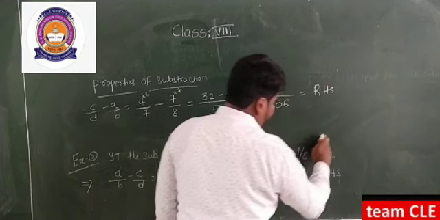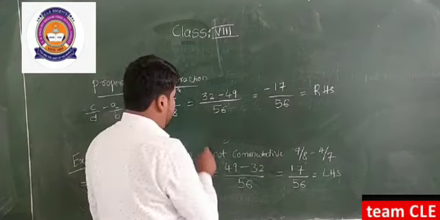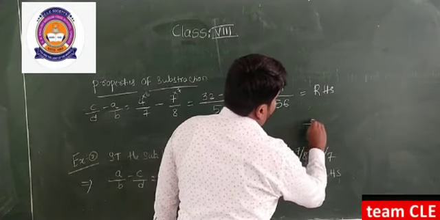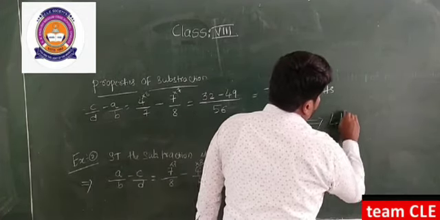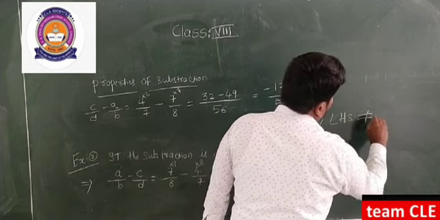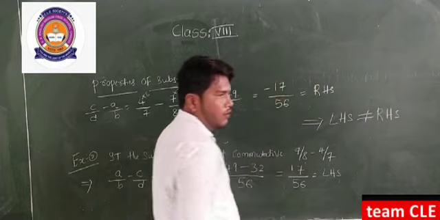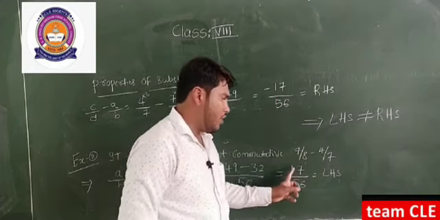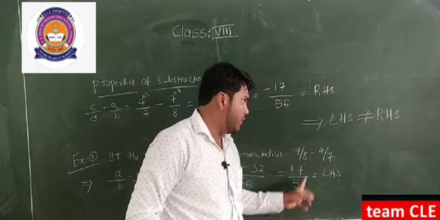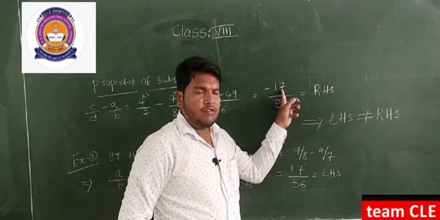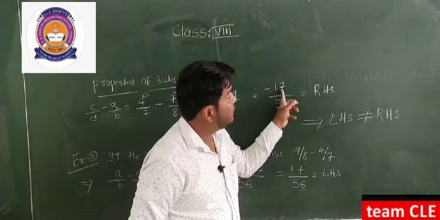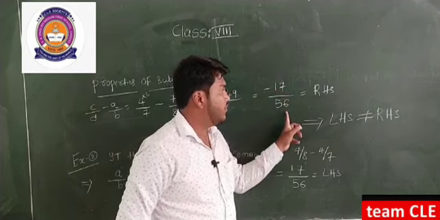Now see, LHS is not equal to RHS. On the left hand side we got positive 17 by 56, and on the right hand side we got minus 17 by 56.